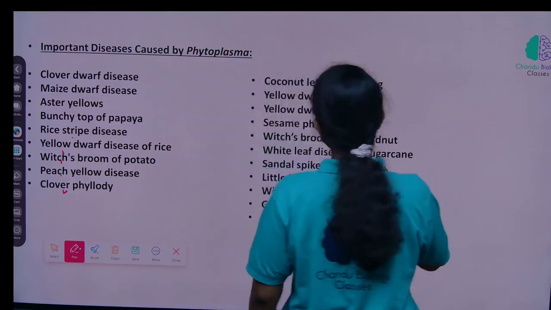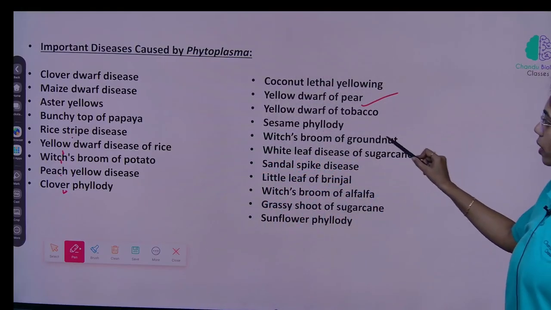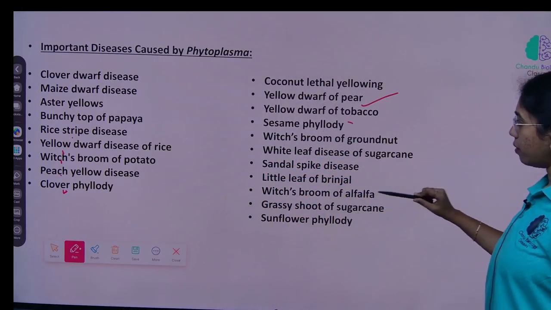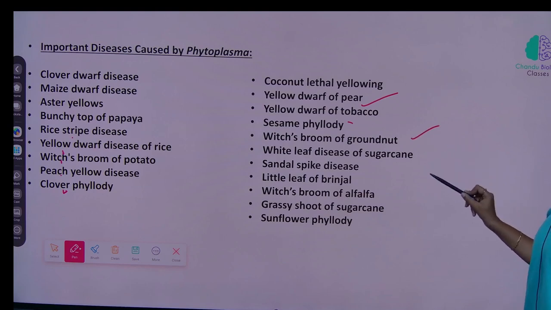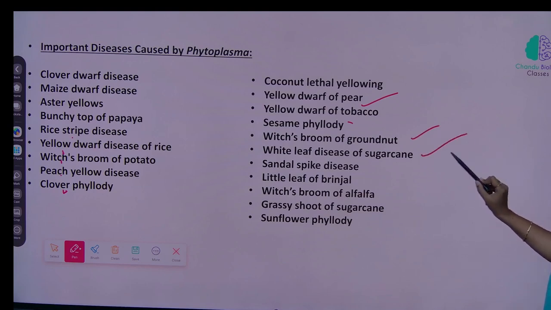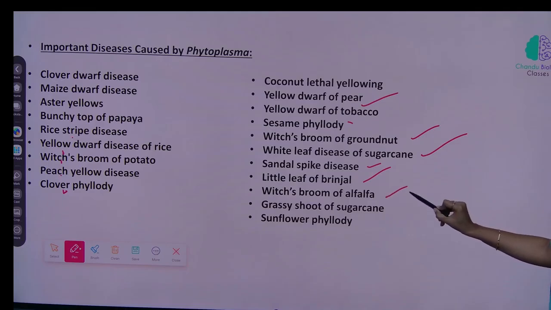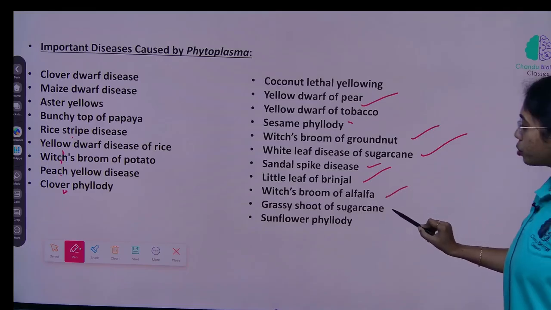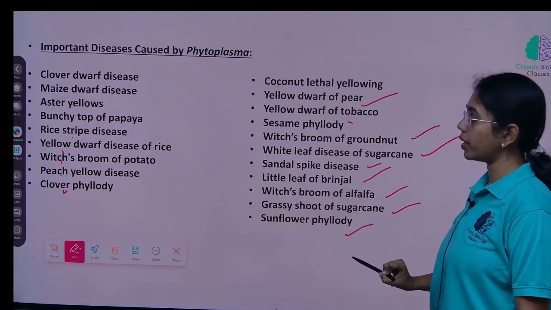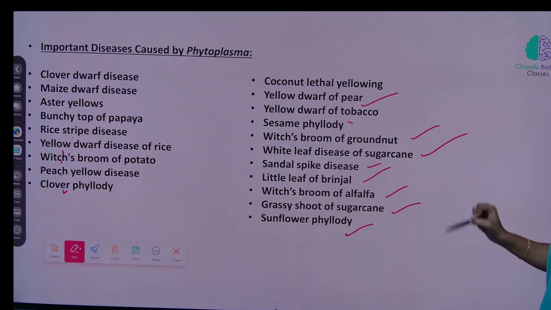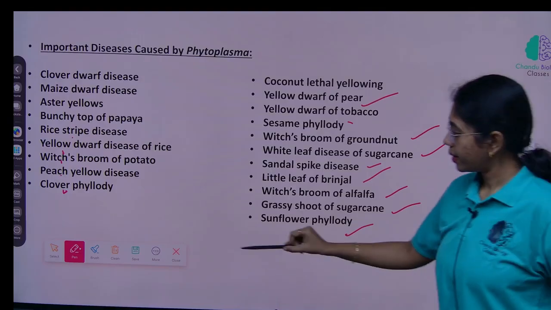Coconut lethal yellowing, yellow dwarf of pear, tobacco, sesame phylloidy, witch's broom of groundnut, white leaf disease of sugarcane, sandal spike disease, little leaf of brinjal, witch's broom of alfalfa, grassy shoot of sugarcane, sunflower phylloidy. These are the diseases that are caused by phytoplasma. Clear? Different diseases caused by phytoplasma. Any doubts anywhere?